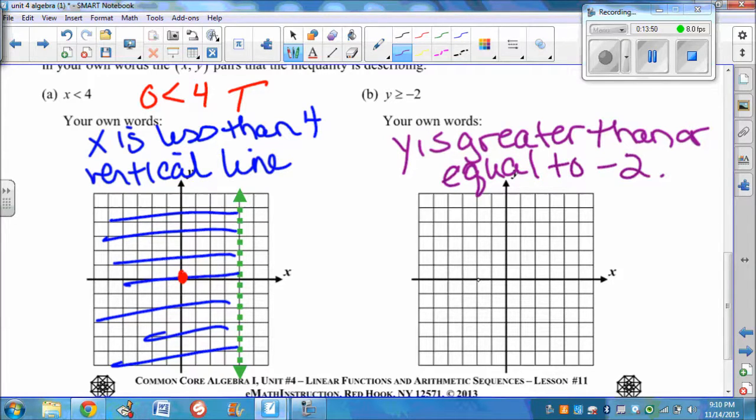So negative 2, and it's y, and it's equal to, so it's a solid line. And it's horizontal, okay, it's got to go through the y-axis.